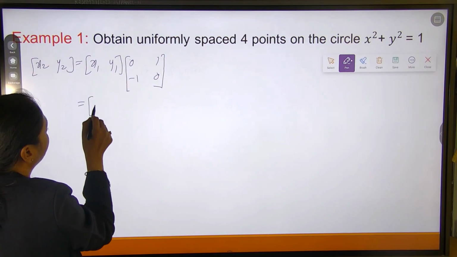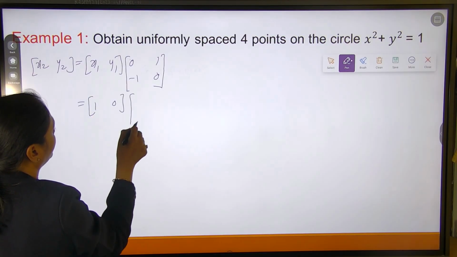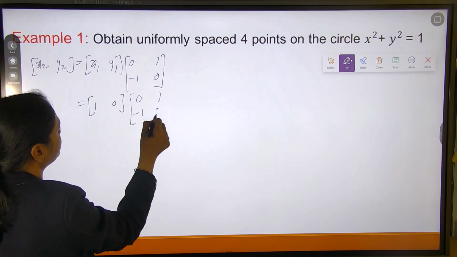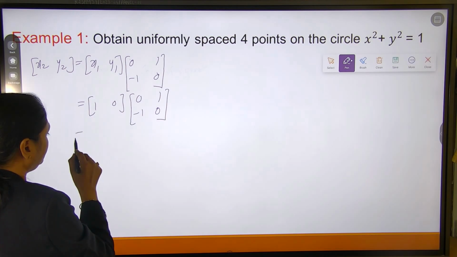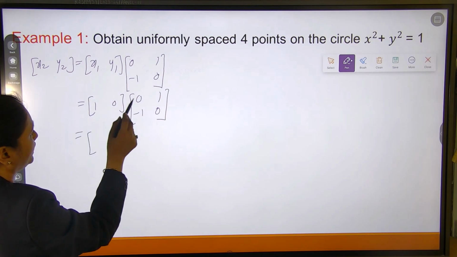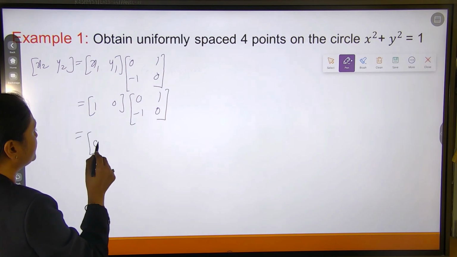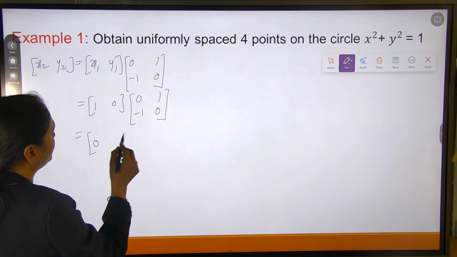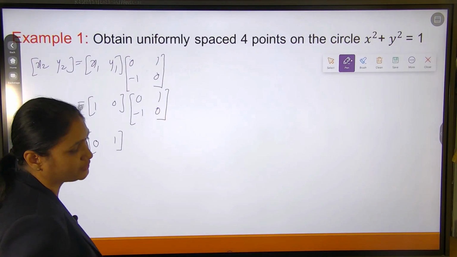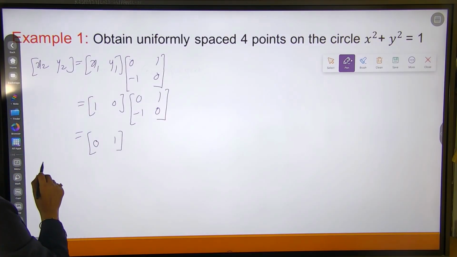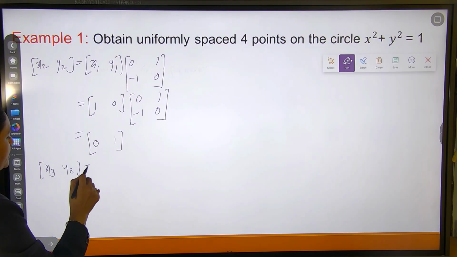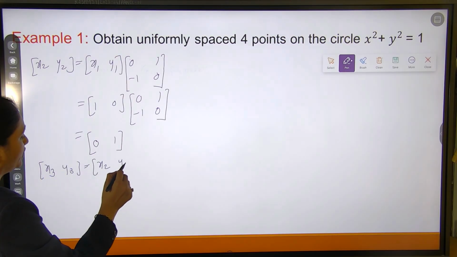So x1, y1 is 1 0 into 0 1, minus 1 0. So the matrix multiplication gives 1 into 0, 0 into minus 1, that is 0, 1 into 1 and 0 into 0 is 1. Our next point is 0 1. So x3, y3 is calculated using x2, y2.